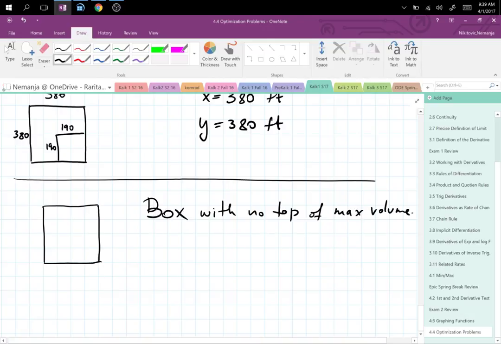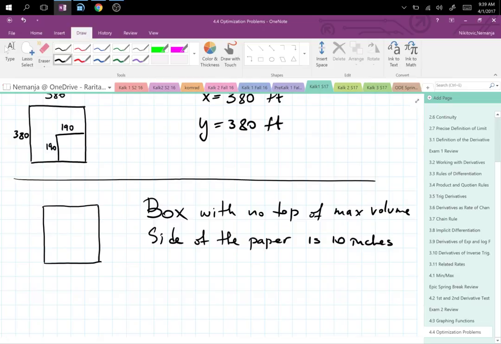So a box with a max volume, no top. Let's say that the side of the paper is 10 inches. So now how do we do this?